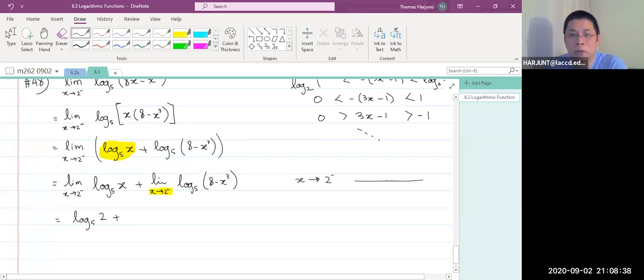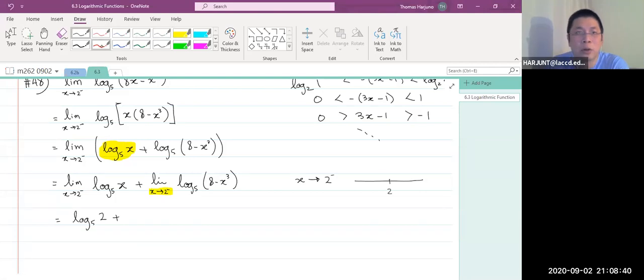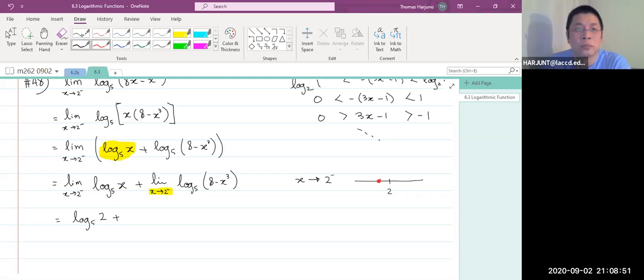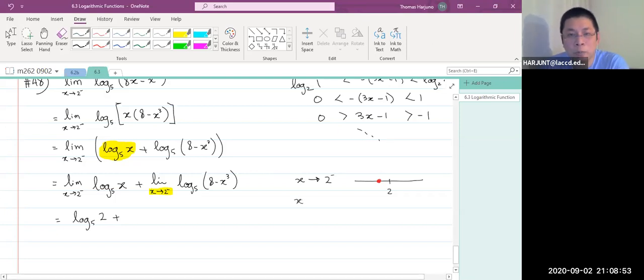So you can imagine it this way. This is 2, but your x is actually slightly to the left of that. So what happens to x cubed? It will be approaching 8 from the left hand side also, right? If it is almost 2, when you take it to the power of 3, then it will be almost 8.